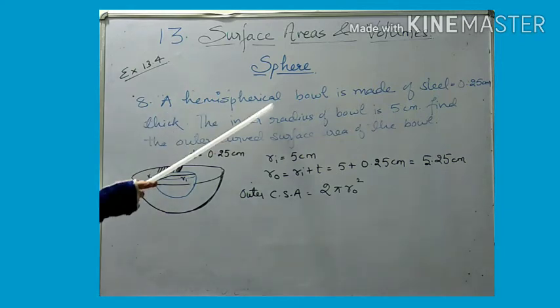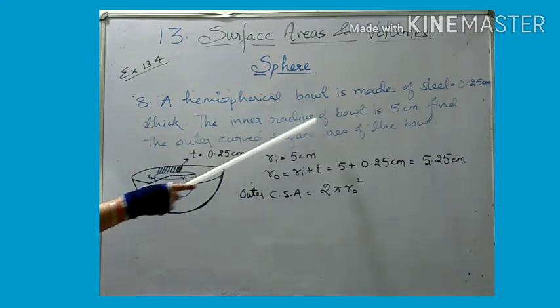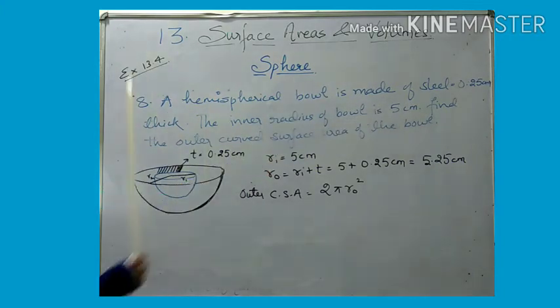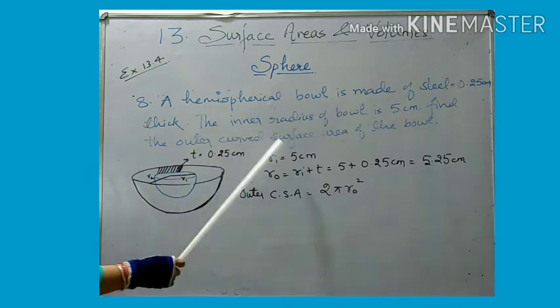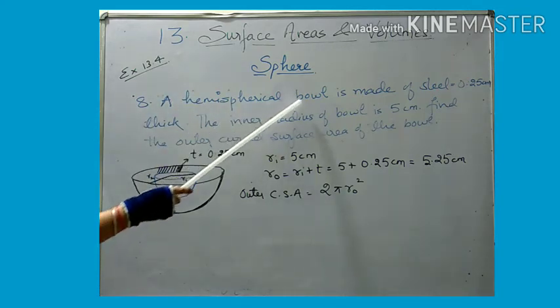Question number 8. A hemispherical bowl is made up of steel 0.25 centimeter thick. The inner radius of bowl is 5 centimeter. Find the outer curved surface area of the bowl. Clear? What is the question? A semi-hemispherical bowl.